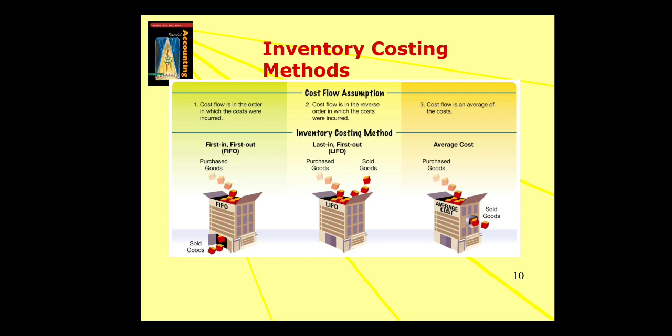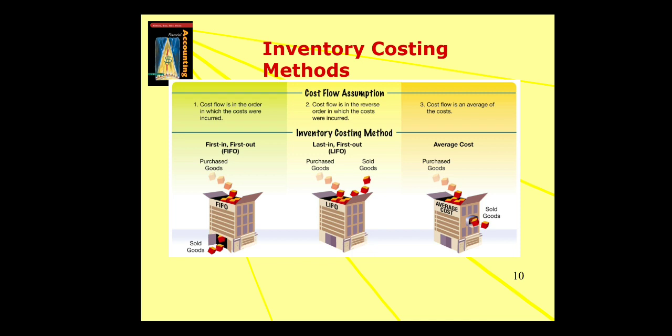Cost of goods sold is the cost of the item that has been sold by the business. So when you want to calculate the cost of goods sold, it is the cost of the product sold by the business.